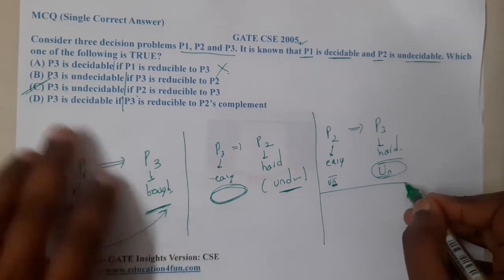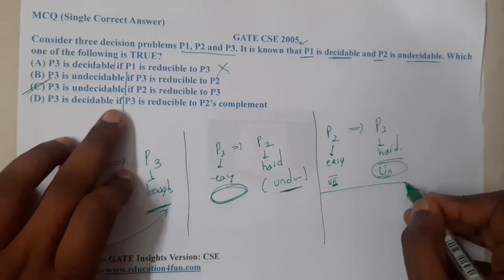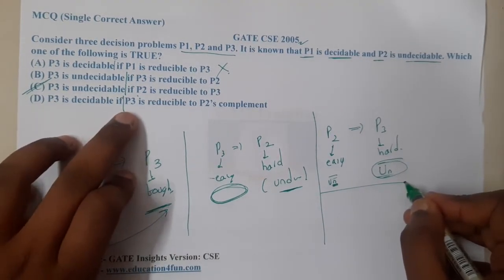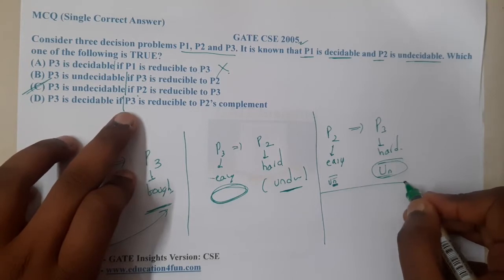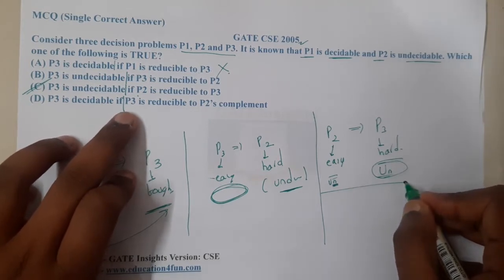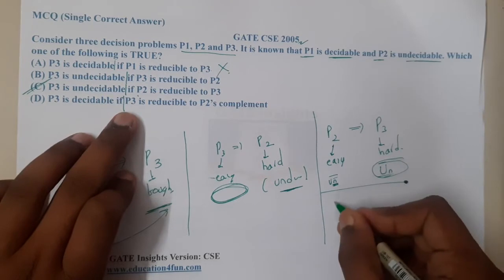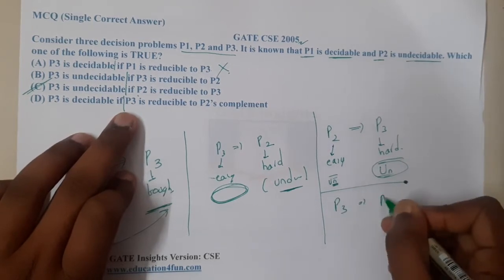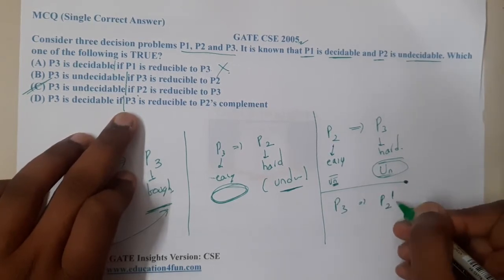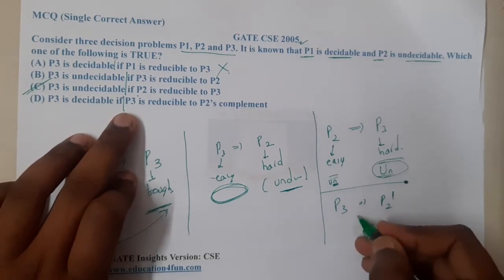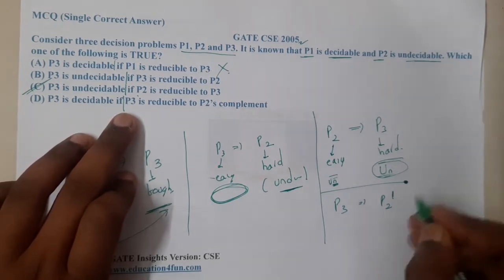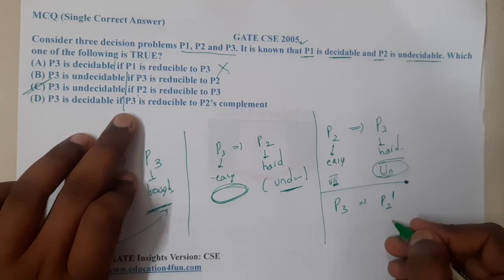Moving on to option D: P3 is decidable if P3 is reducible to the complement of P2. I have never seen complements here, but let us try. We don't know what P3 is, but the original P2 is undecidable. Maybe the complement might be decidable?